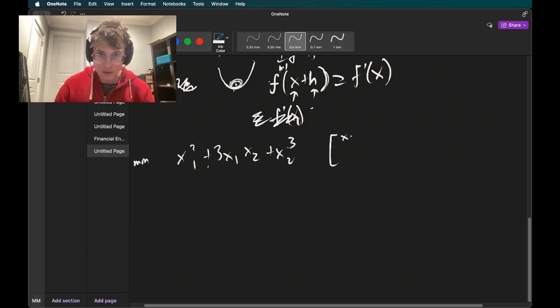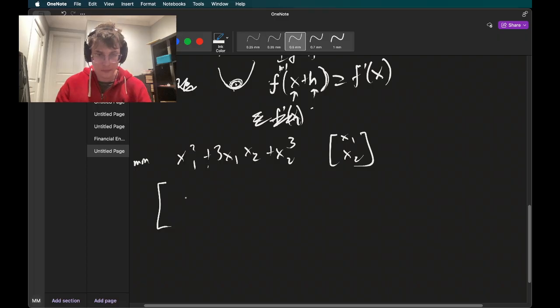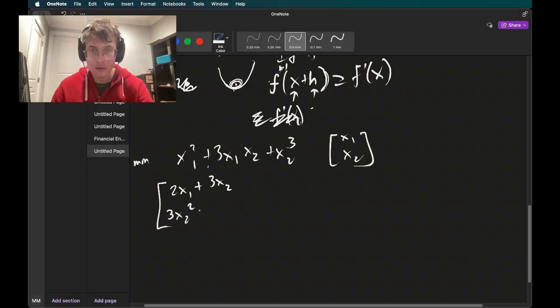We have two variables here, x1 and x2. The gradient of this, we take the derivative, is going to be 2x1 plus 3x2, and here we have 3x2 squared plus, am I doing it right? Yes, plus 3x1, like this.